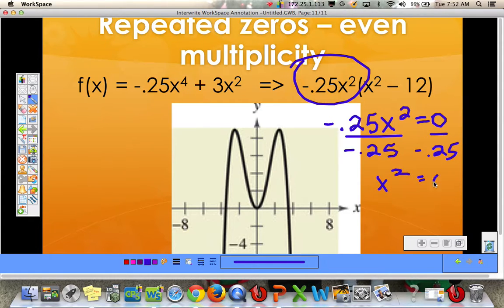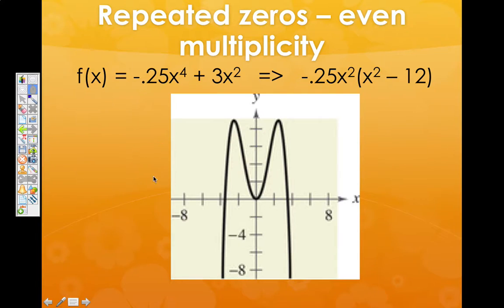X squared equals 0, take the square root, x equals 0. Well, at 0 right here, since it's a squared even multiplicity, it bounces off this 0 right here. So with an even multiplicity, the squared, it's going to bounce off the 0 after you factor it.